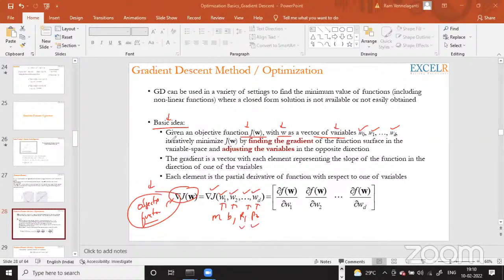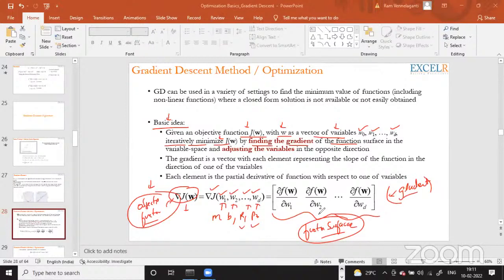So we have to iteratively minimize your cost function by finding the gradient of the function surface. You have to minimize the cost function by finding the gradient. This is called the function surface.